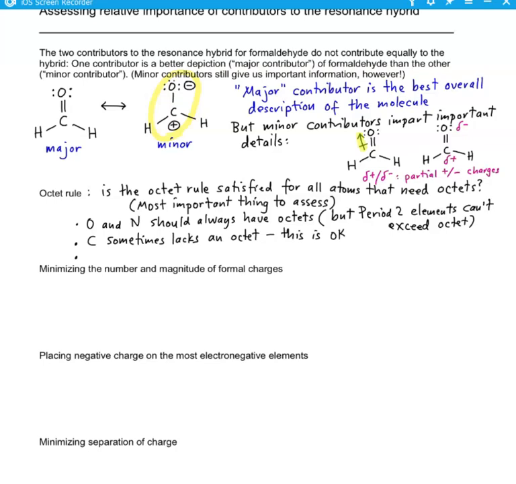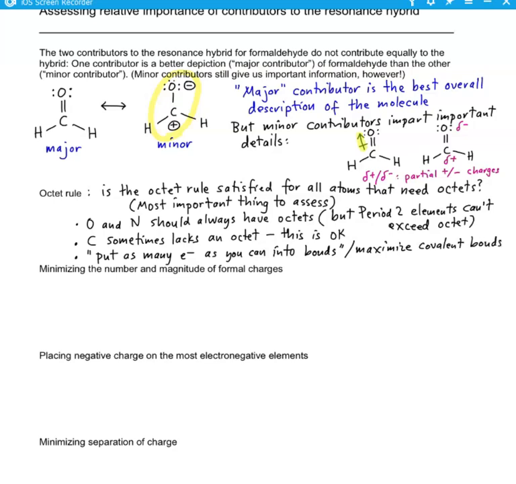So you may see "put as many electrons as you can into bonds," or it could be said something like maximize the number of covalent bonds.